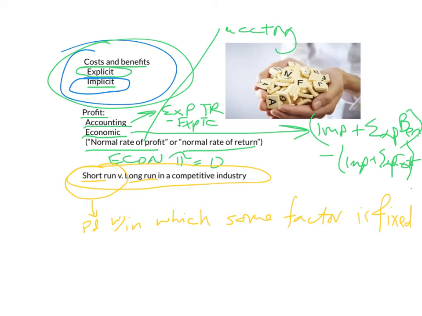Maybe you came up with a more efficient way to combine your inputs into an output, or maybe your particular variety, if you're in a pretty competitive sector, monopolistically competitive, you have a variety of a product, but there's a lot of other varieties. Maybe your product just catches consumer interest in a way other products don't.